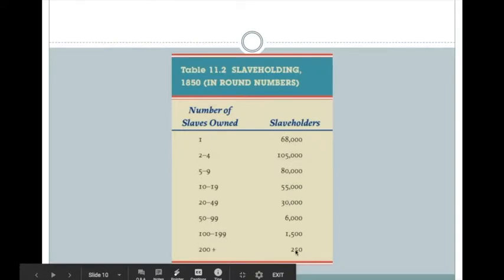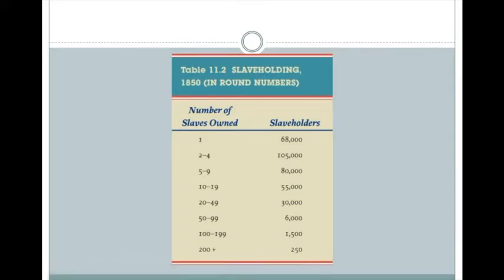So what you have here is a small amount of slaveholders owning a large amount of slaves. And they generally were the dominant factor in the Southern economy. They had a great deal of power because they owned very, very large plantations.